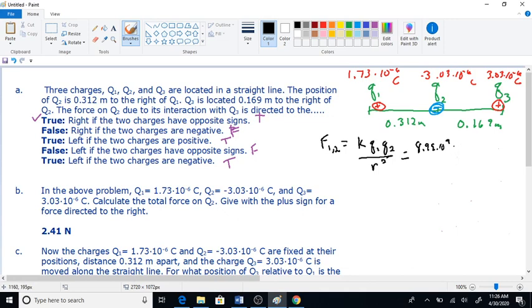You can put them in there. I'm going to run out of room, so just fill in Q1 and Q2. Put positive signs in there, and then you fill in the 0.312 and you square it. So those go in there, so make sure you do that. And then when you get this, you get 0.4841 newtons.